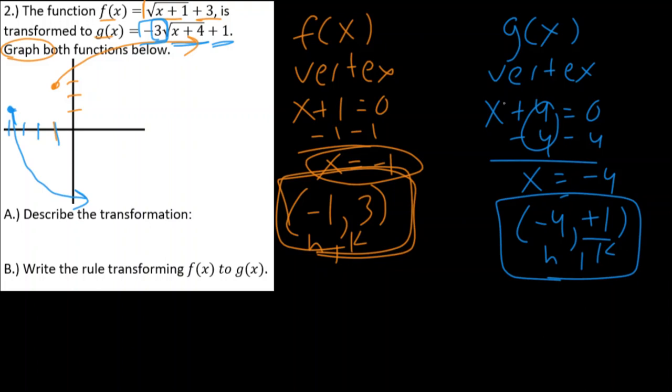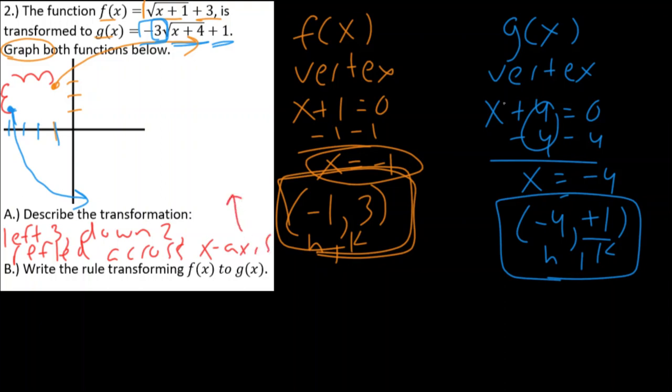So let's go ahead and describe our transformation. We can say, hey, we went to the left 1, 2, 3. So we went to the left 3, comma, looks like we went down 1, 2. So down 2, kind of like in our first problem. And we were actually reflected down, or we would say reflected across the x-axis.